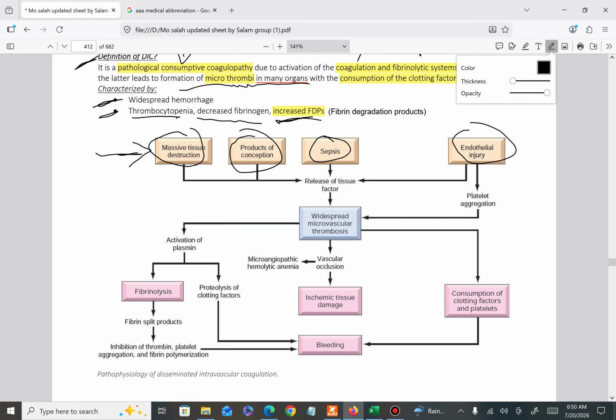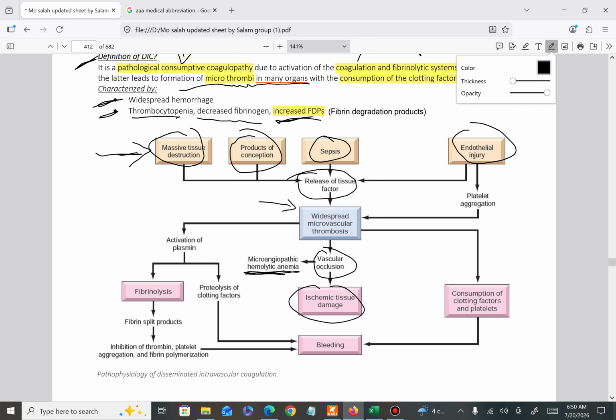These causative agents lead to release of tissue factor, and release of tissue factor causes widespread microvascular thrombus. This thrombus can occlude the vessel, and vascular occlusion can lead to microangiopathic hemolytic anemia. Then the vessel occlusion can also lead to ischemic tissue damage. This is one of the effects of microvascular thrombosis.